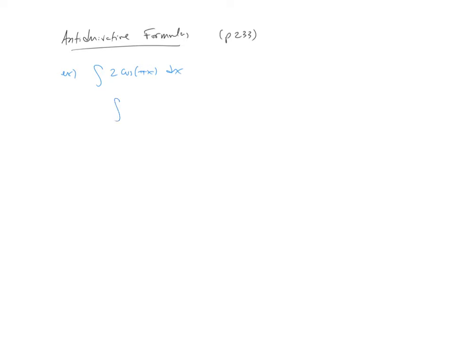We know that the integral of cosine kx dx is going to be 1 over k sine of kx plus c. So our k value in this particular problem is pi. So when I integrate this, my 2 is still going to be there because essentially I can pull that outside.